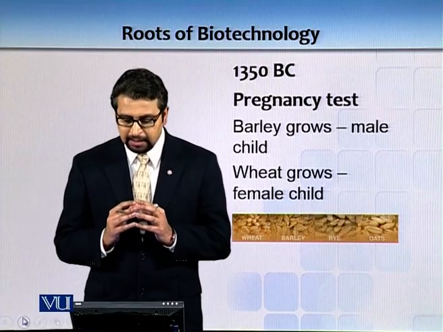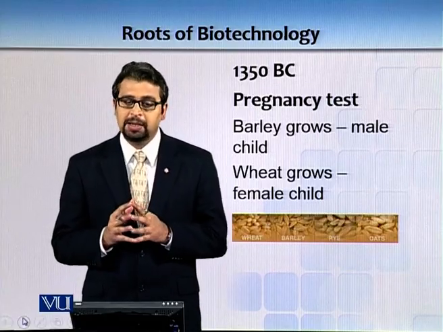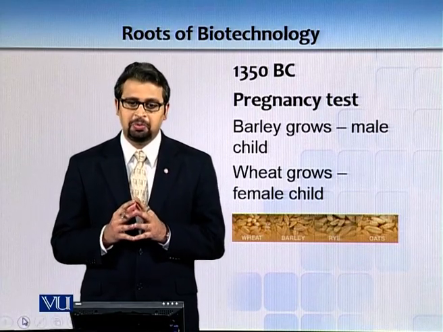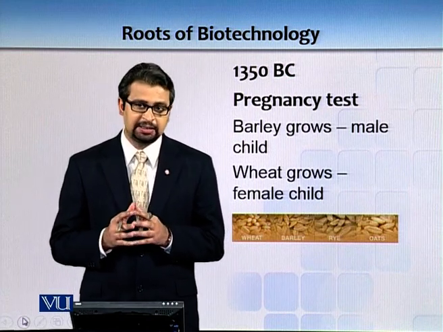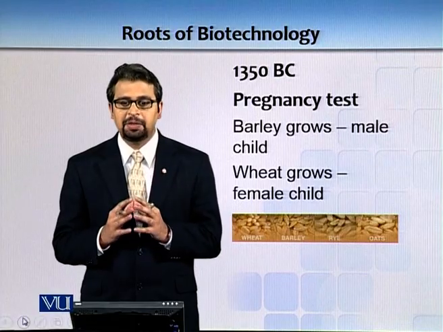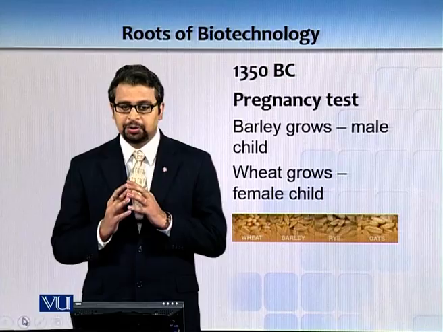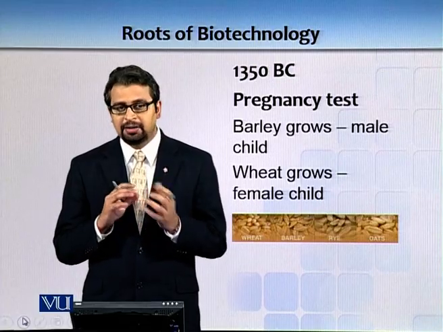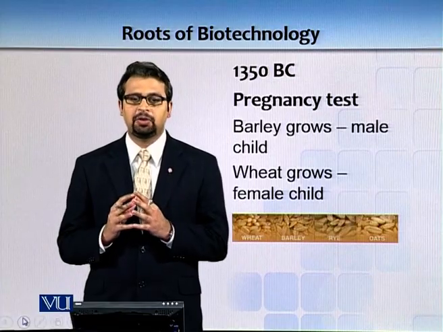Now, whether this test was witchcraft or true, a team of scientists tried to prove or disprove it. In 1963, they carried out this test, and what they found out is that 70% of the time this test worked. And you can attribute this difference in wheat or barley seeds to the elevated levels of estrogen.